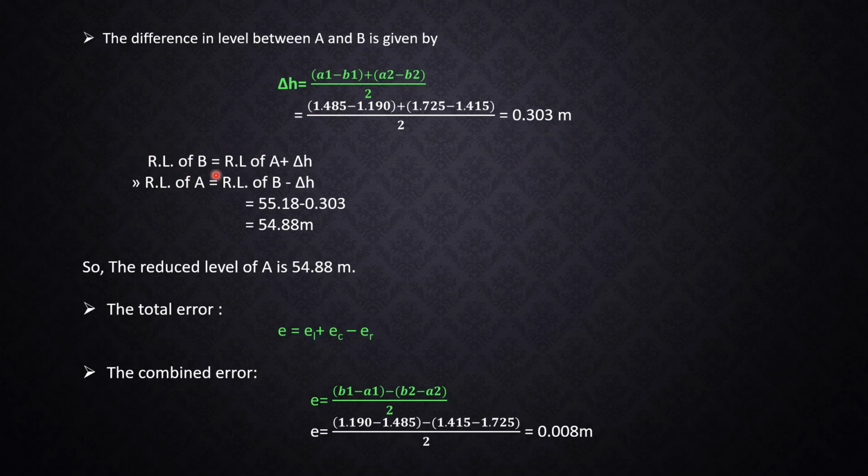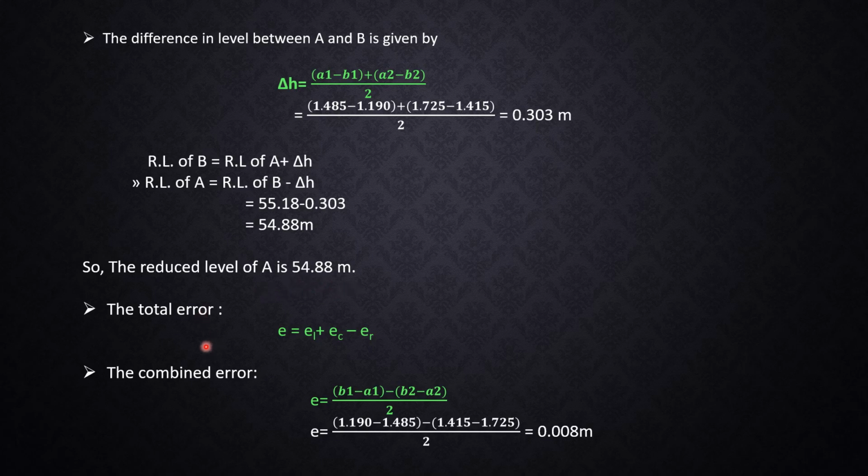Here reduced level of B is equal to reduced level of A plus delta H. We know that reduced level of B is 55.18. So reduced level of A is equal to 55.18 minus 0.303 is equal to 54.88 meter. Here we get the reduced level of A is 54.88 meter.